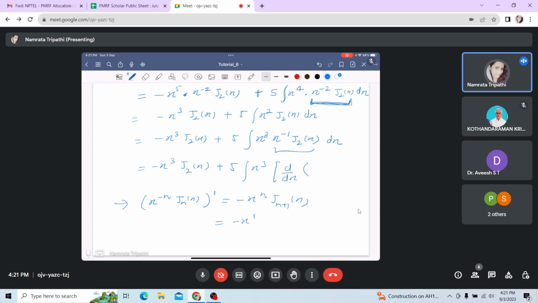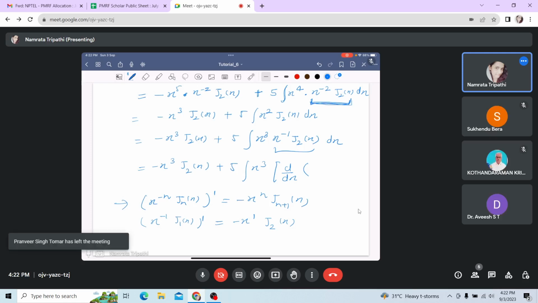Okay, after substituting here, can we write it as minus 2, minus 1, and here it will be 3.